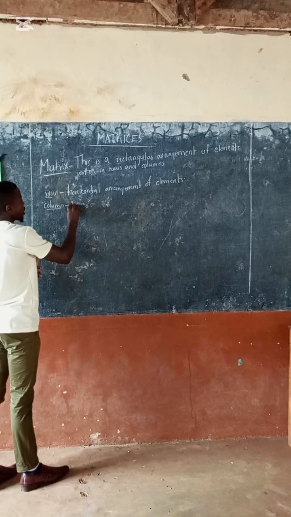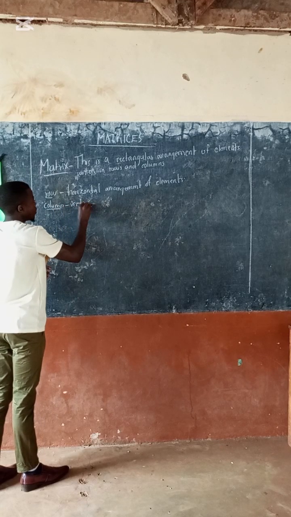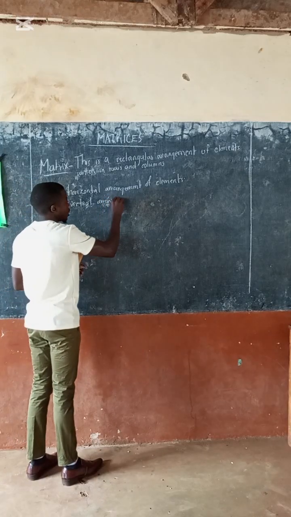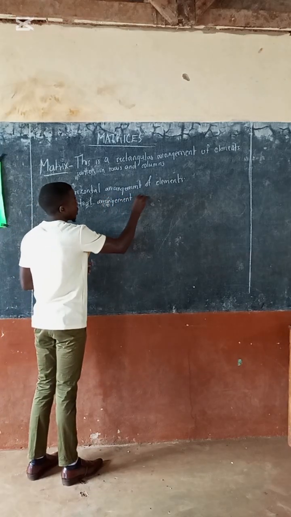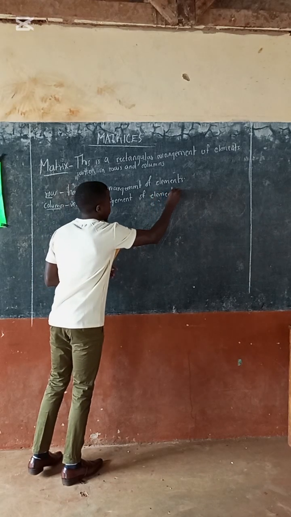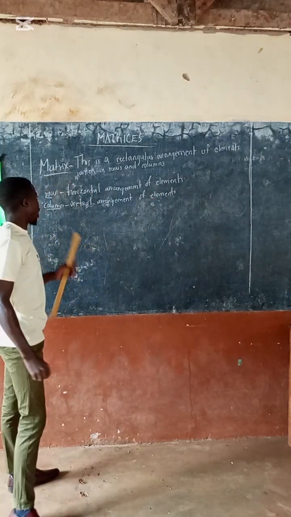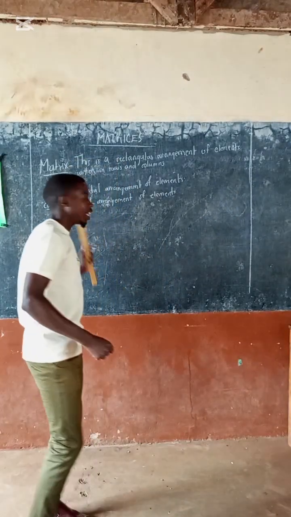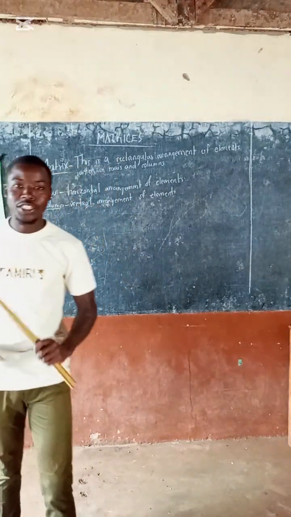A column is a vertical arrangement of elements. So a row is a horizontal arrangement of elements, and a column is a vertical arrangement of elements.